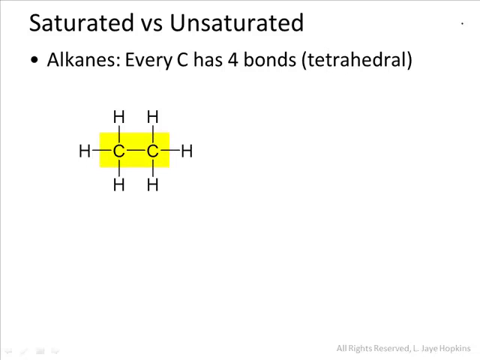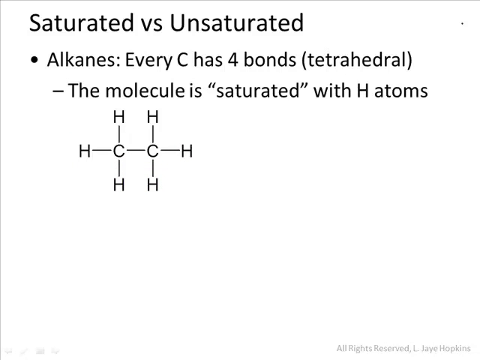Ethane has 2 carbons, and therefore we know that it must have 6 hydrogen around it so that each carbon has 4 bonds. Because there's no way to attach more hydrogen to 2 carbon, we say that this molecule is saturated. All alkanes are classified as saturated molecules.